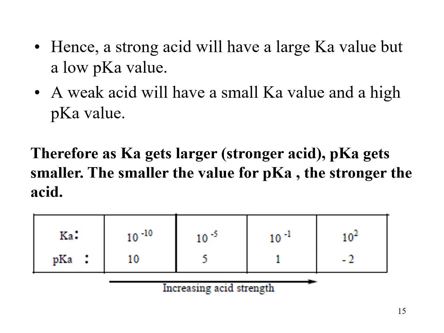So if I have 10 exponential minus 10, my pKa becomes 10. Exponential negative 5 becomes 5. But remember, the smaller the pKa, the stronger the acid.